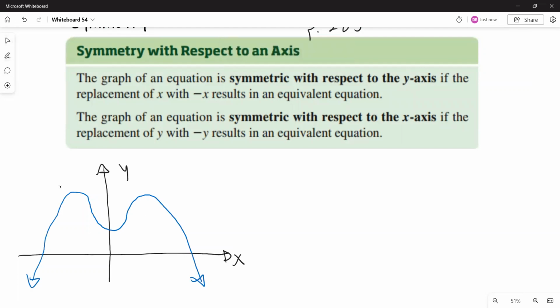Okay, so the graph of an equation is symmetric with respect to the y-axis. So this is symmetric with respect to the y-axis.